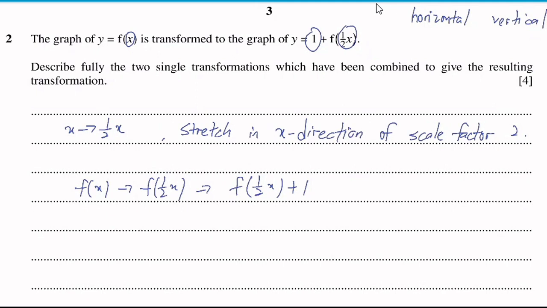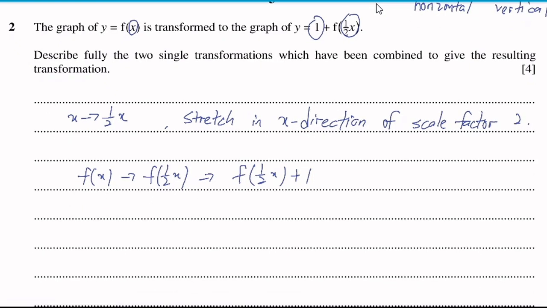But when giving the description, we cannot use the words up, down, left, or right. You must precisely specify whether it is in the positive x direction, negative x direction, positive y, or negative y direction. You can say this is a translation of 1 unit in the positive y direction.